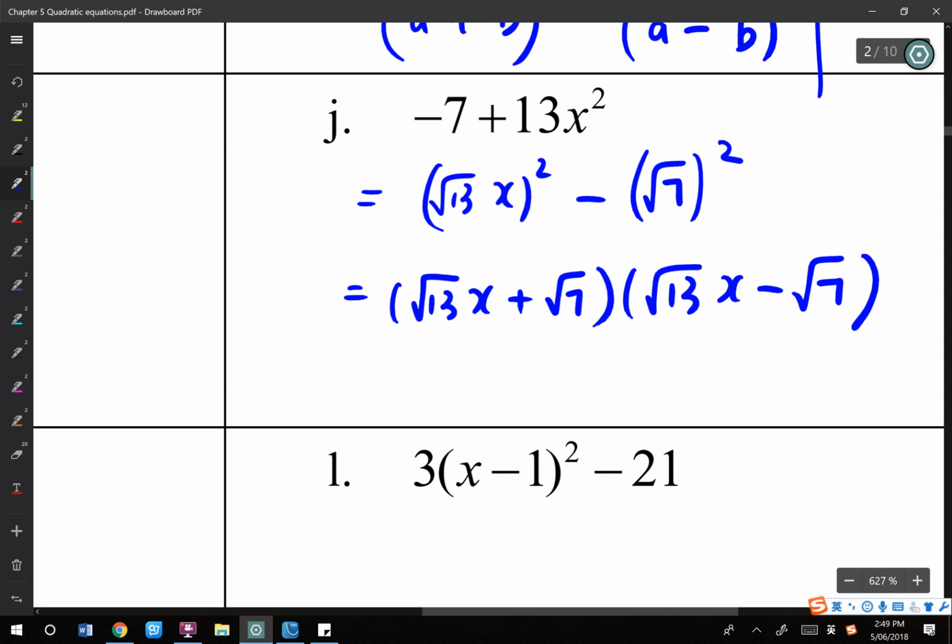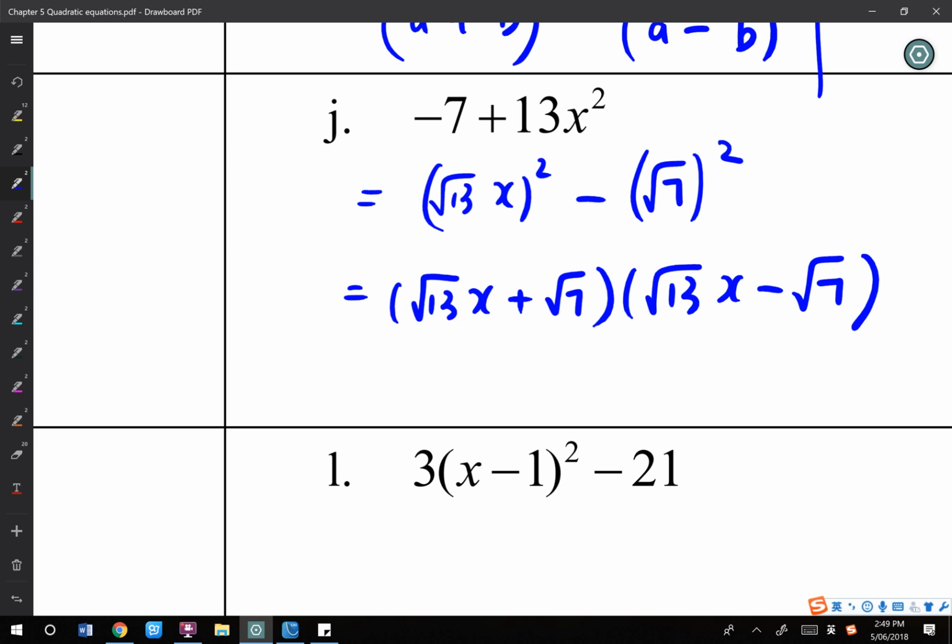Still doable. Any questions? You don't need to copy that down. You just need to see what to do. Questions?